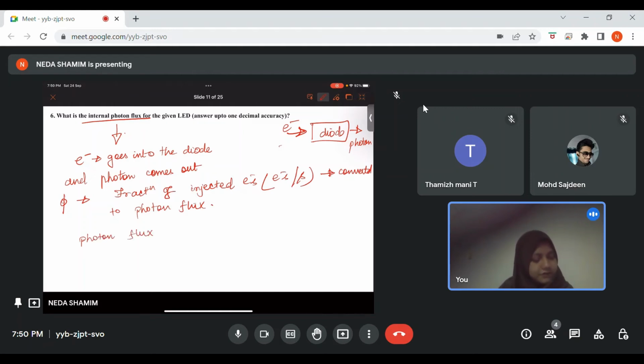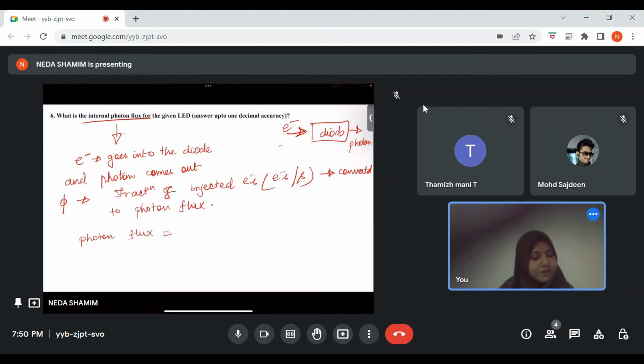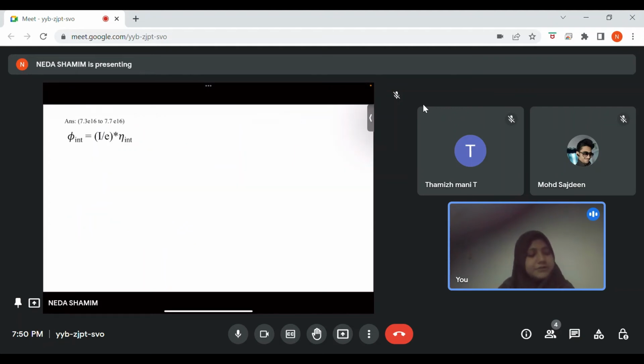So that internal photon flux will be given by this formula. Internal photon flux is the current divided by the electron charge, times the internal quantum efficiency. Because internal quantum efficiency tells about the ratio of the radiative recombination rate to the overall recombination rate.